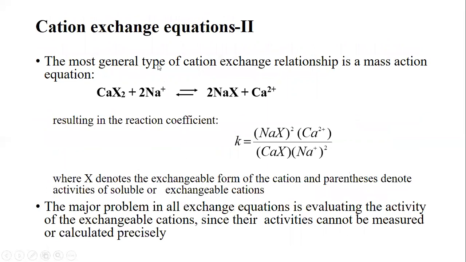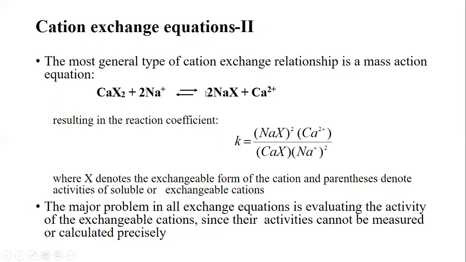But let's take a quick look at the most general type of cation exchange relationship, what we call the mass action equation, which you have studied in chemistry. Okay, so we have CaX2, remember, we have covered all that. X2 means each X has only one charge, so we needed two of those X for one calcium.